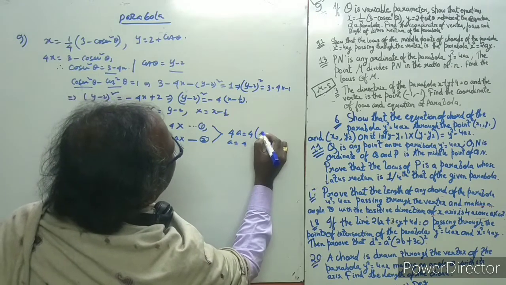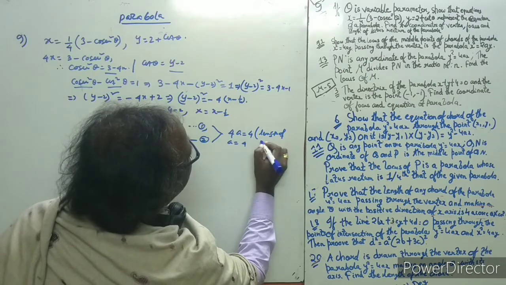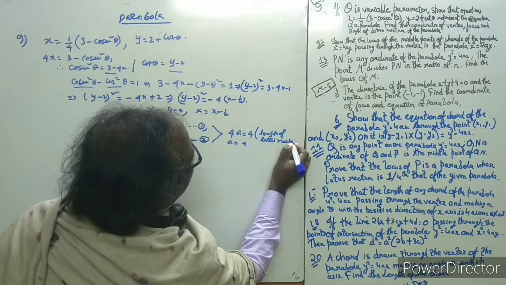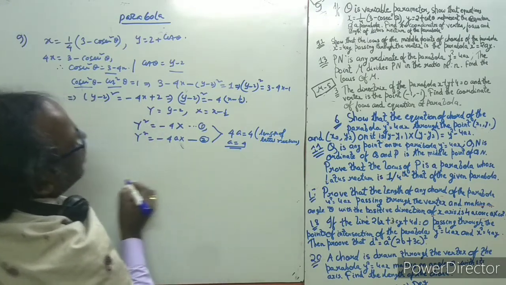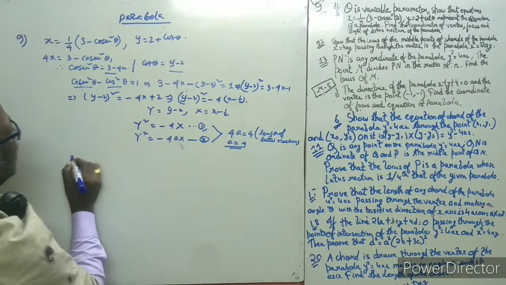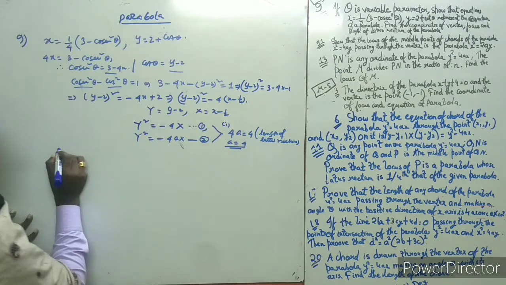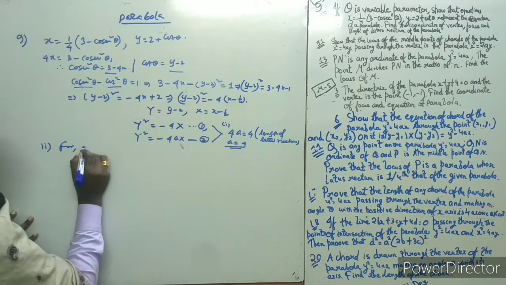This is the length of latus rectum, the value of a here, and that is the first point. Done it, and number 2, now find the vertex.